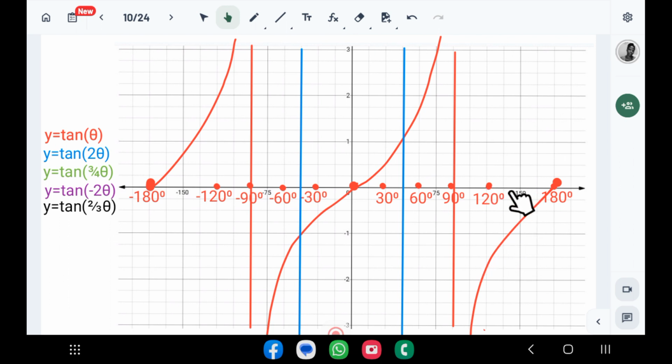That is between 120 and 150. So that's our next asymptote there, 135. Here is the next asymptote. And then the next one is on the negative side, negative 135. There is the asymptote.